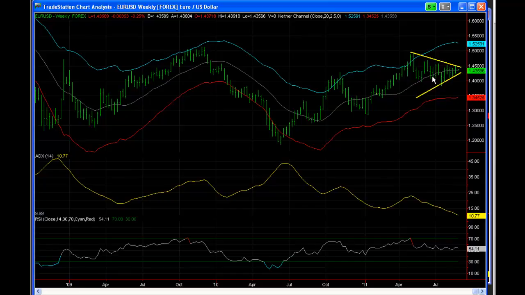I mean, the first targets out of sitting here on the Keltner channel, the midline of the Keltner channel, would be if we break up the top Keltner and if we break down the bottom Keltner. That's still a pretty nice move.